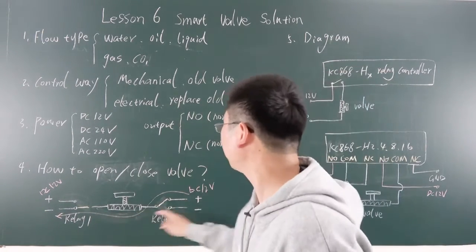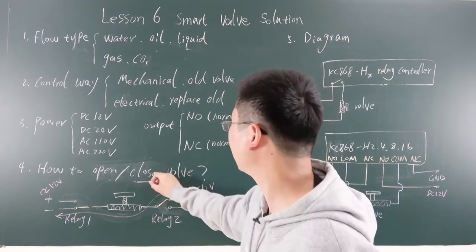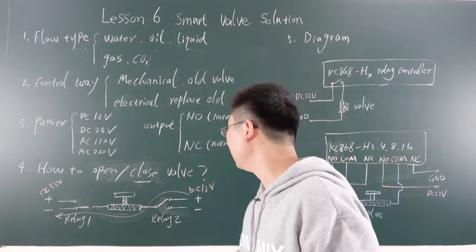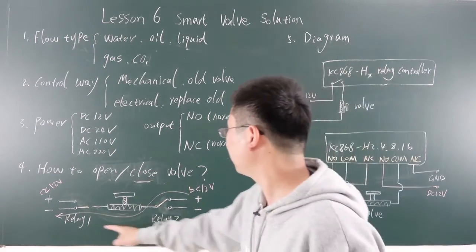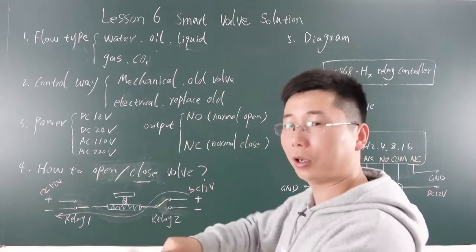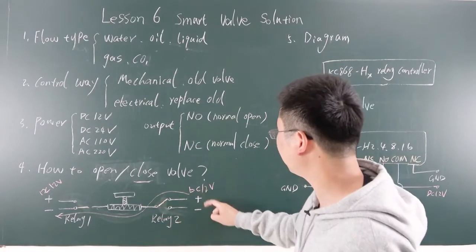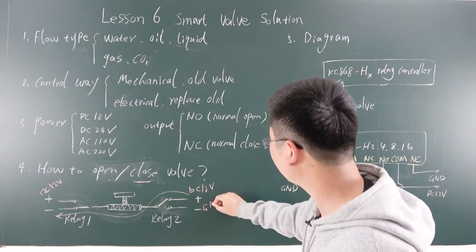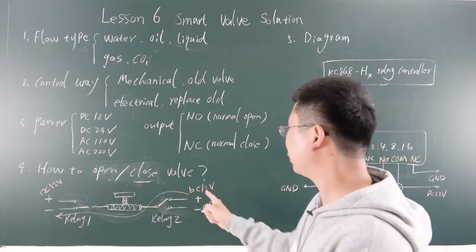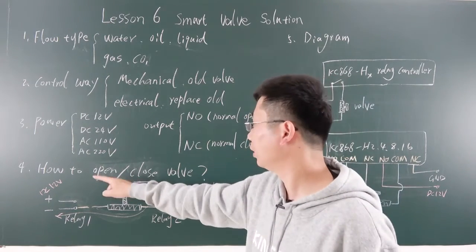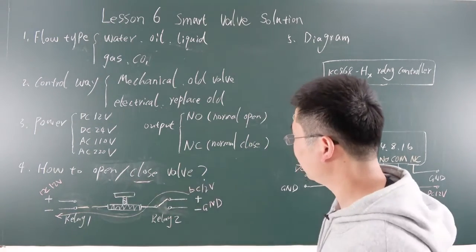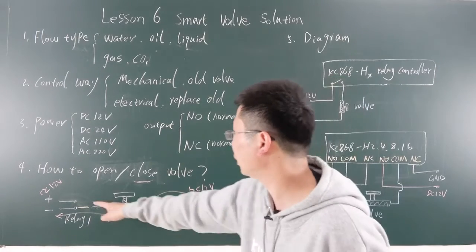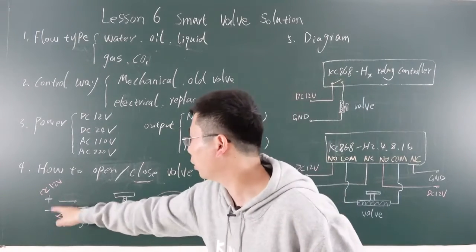So in this situation, we'll close the valve. So we can use 2 relays to exchange the 12 voltage and the ground, so that we can let it become open and become closed. So this is a way to exchange the pole.